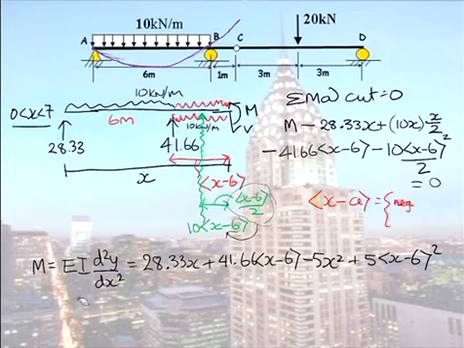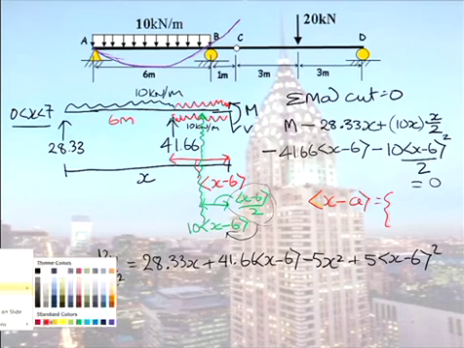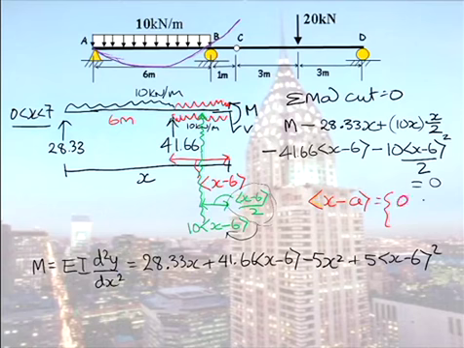The term in the bracket is equal to 0 if x is less than a, if it's negative. And otherwise, it's just equal to the bracket if x is greater than a. And what that means is those terms can be switched on and off.